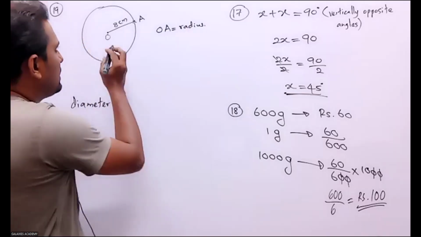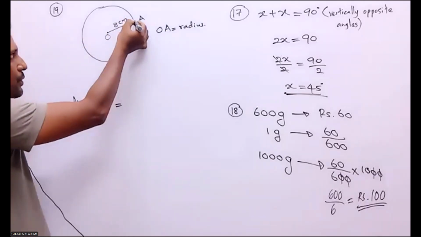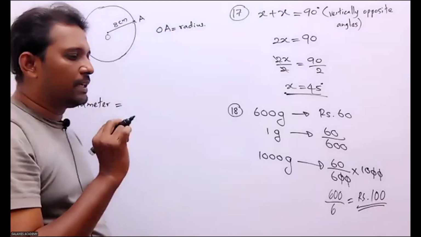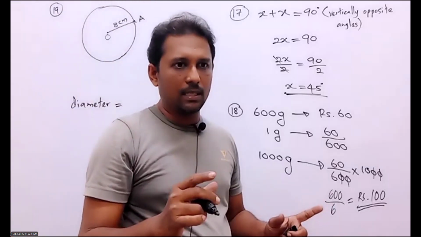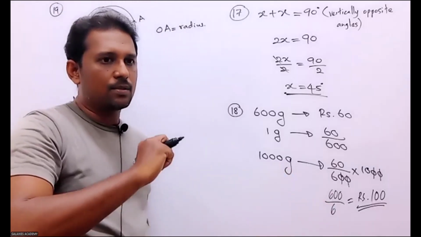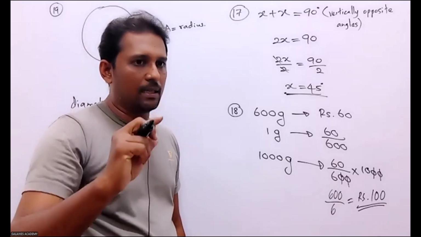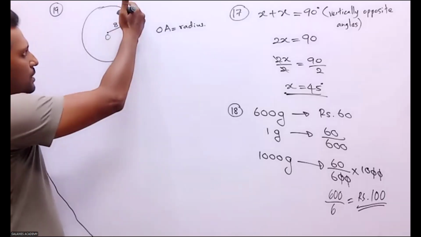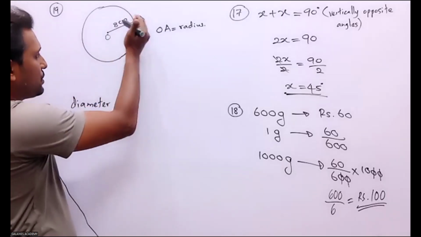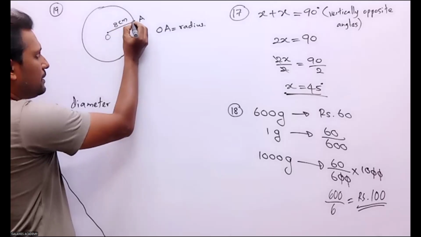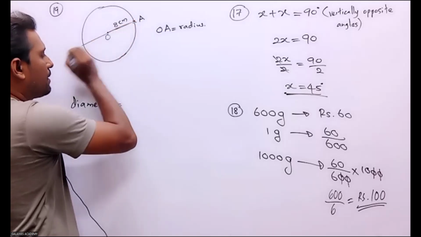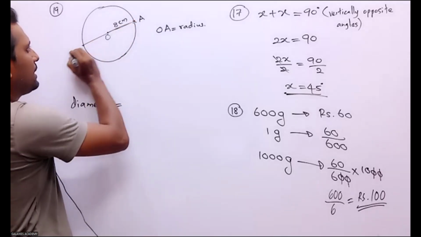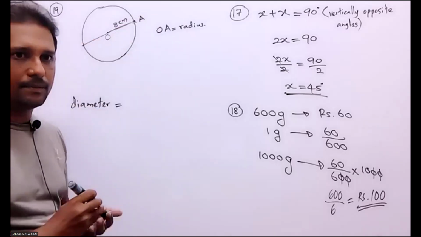Diameter: if you join 2 points on the circle such that the line passes through the center, like this, right? This we call the diameter.